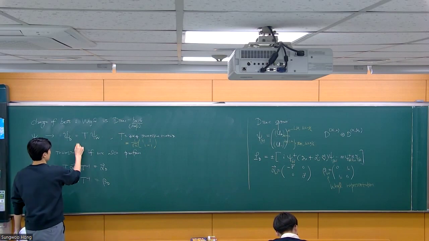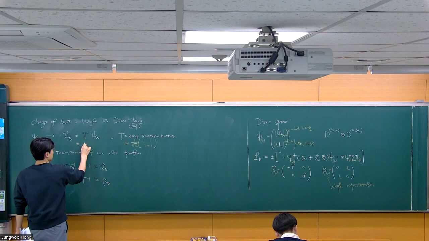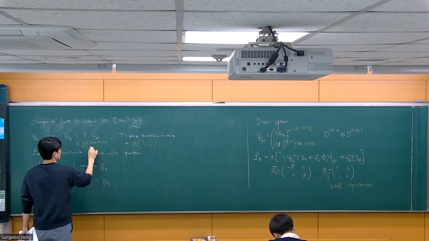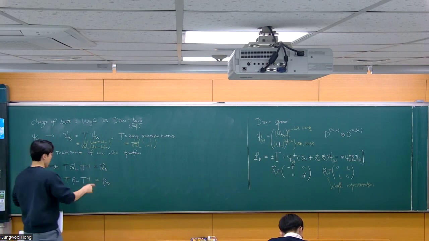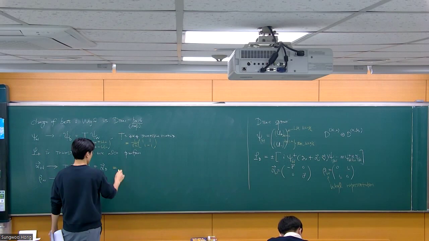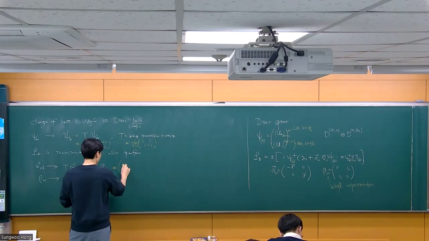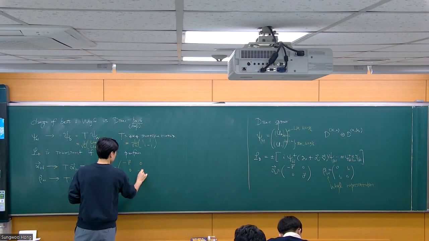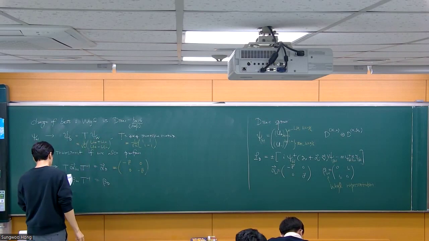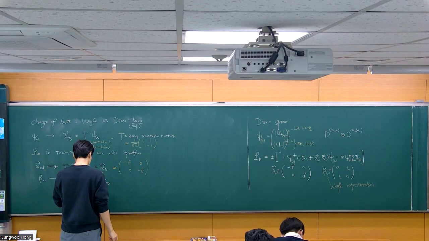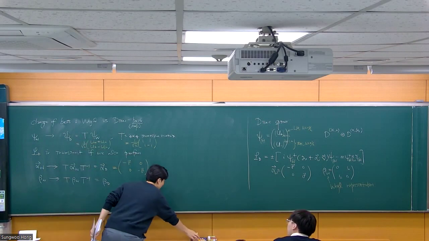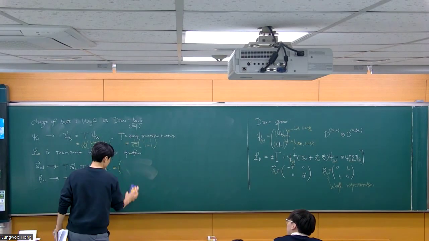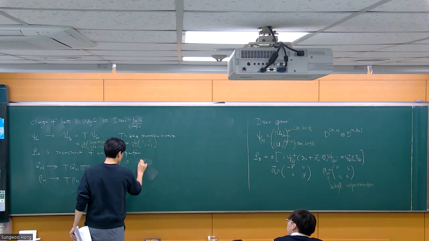If you do so, this will take the form U plus, U minus, U plus, minus U minus. Okay, you can just work it out. And then again, starting from the expression that I wrote down there, if you work it out here, then you get 0, 0, minus sigma, like so.